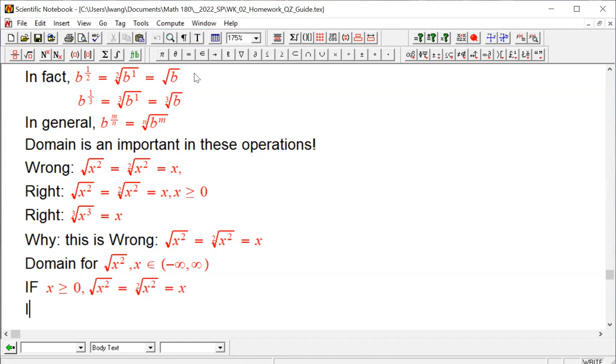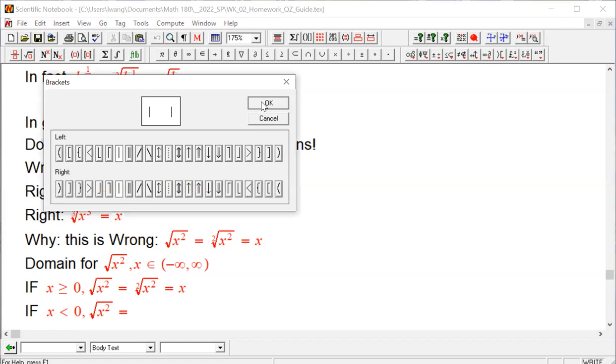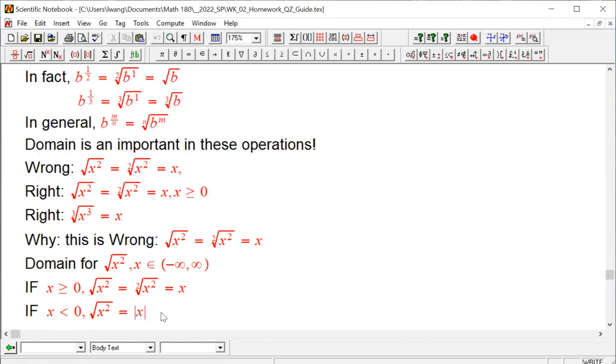But what if X is negative? When X is negative, we know that this equals what? The absolute value of X. And the absolute value of a negative number is its opposite. Okay, that's why.